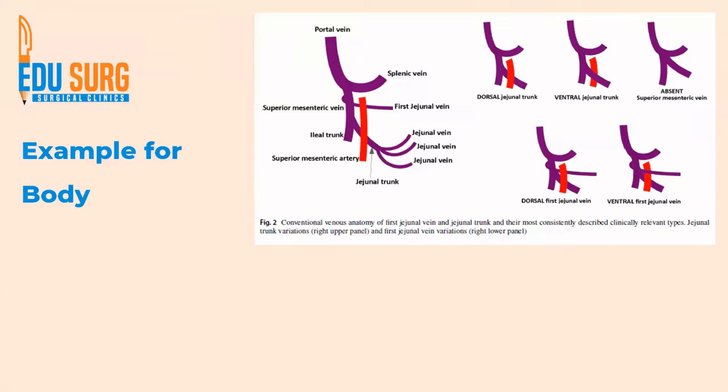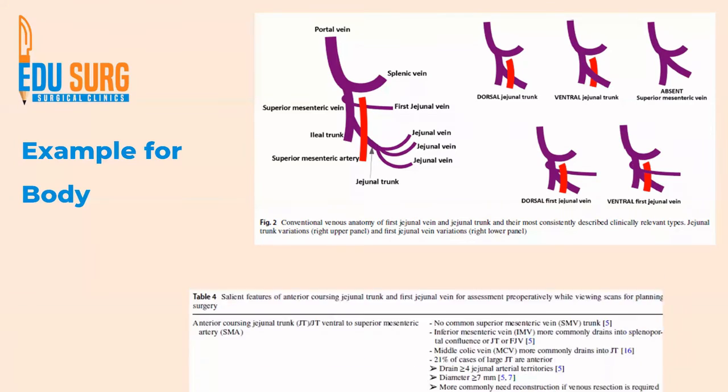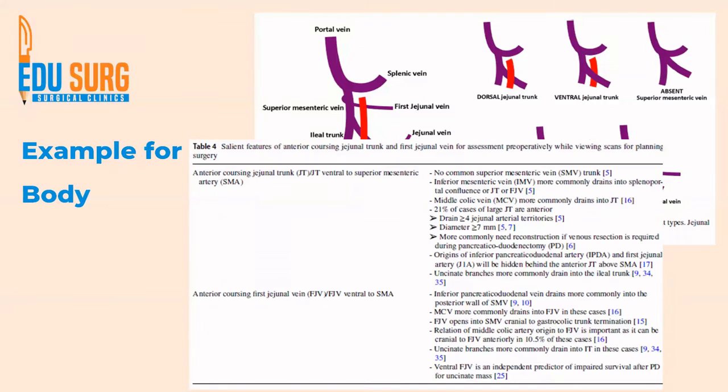Example of body, the same article, the first jejunal vein article. What we have done here is we have summarized a lot of data and we have created a simple graphic depicting the anatomy and the variations in a single line. Coming to how you can use various articles in a single table, you can see the number of references, at least 10 different article references here.